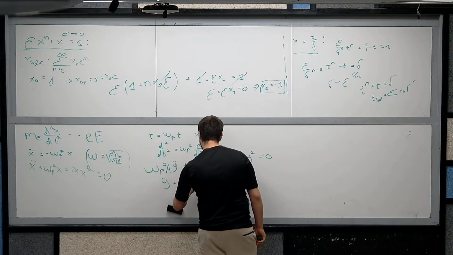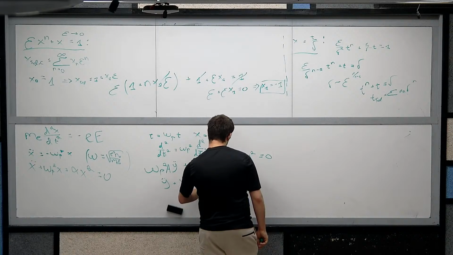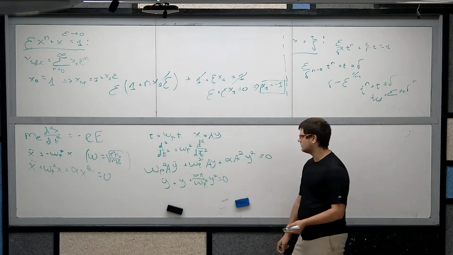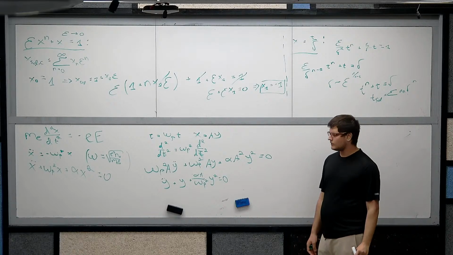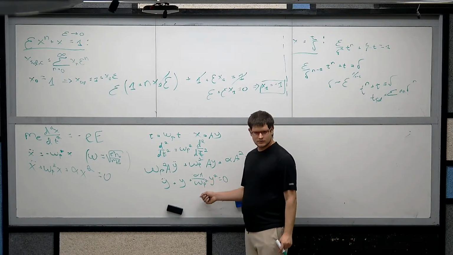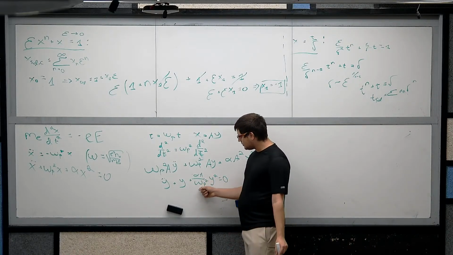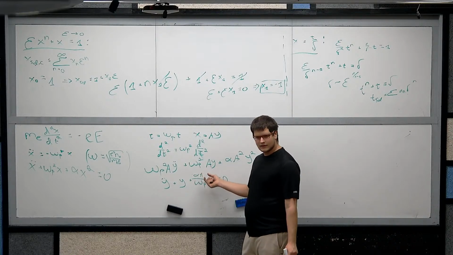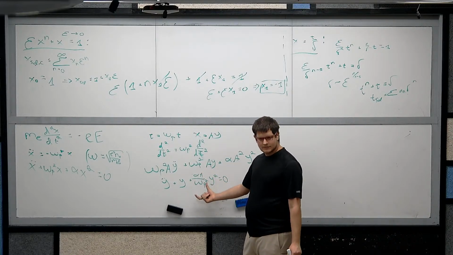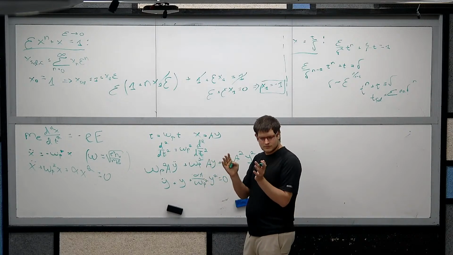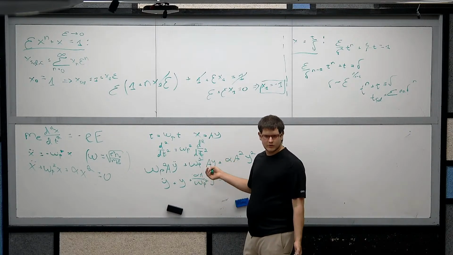Alpha and omega p squared, y squared equal to 0. Now it's very easy to spot what will be negligible. We want that to be very small. It's like saying alpha times a squared is much smaller than omega p squared.